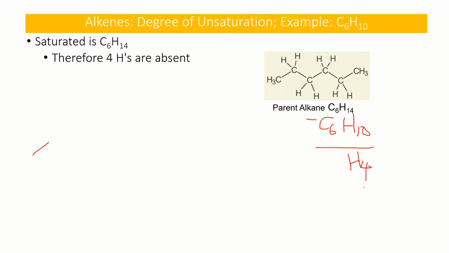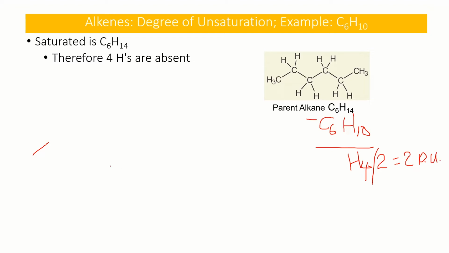For every 2 deficient hydrogens, we have a degree of unsaturation, and therefore with 4 hydrogens we divide by 2, and our result is 2 degrees of unsaturation.